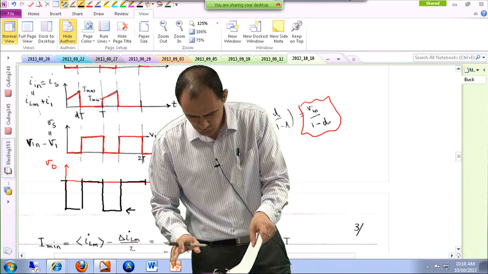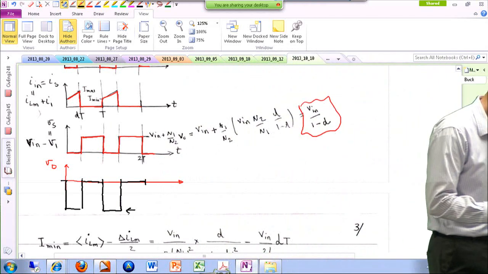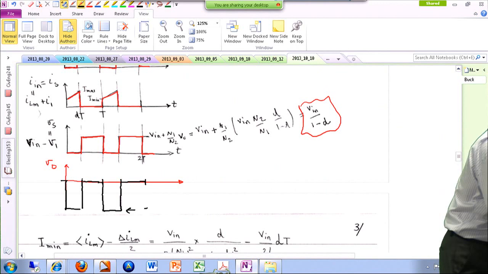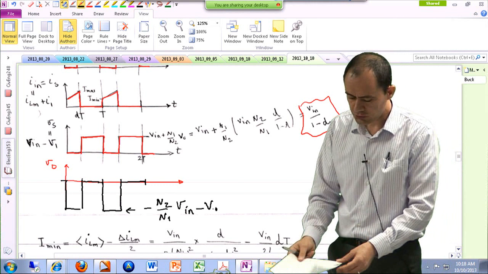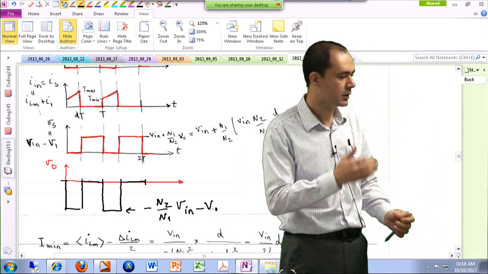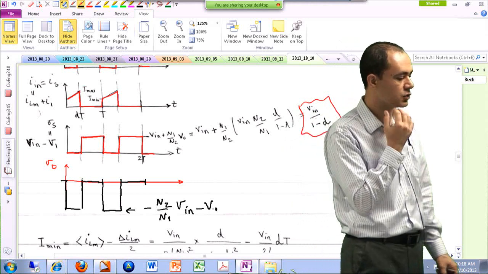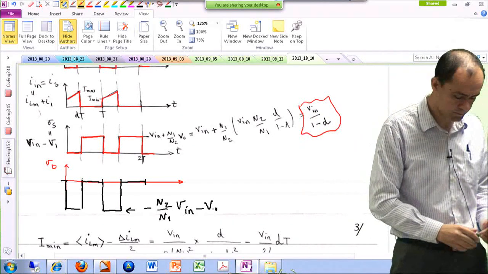It's negative N2 over N1 times Vn, negative Vout, minus Vout. So you can see how much voltage stress you have applied across your switch and your diode, and that leads you on how to basically pick these components from the available products out there.